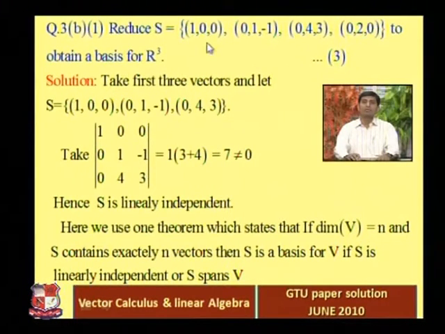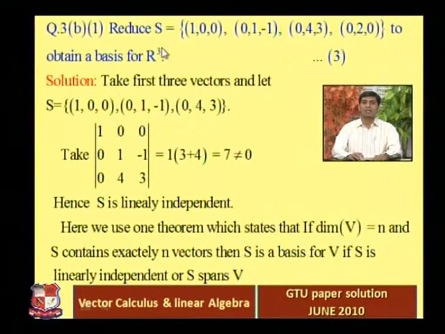Reduce S, which is equal to 1 0 0, 0 1 minus 1, 0 4 3 and 0 2 0, to obtain a basis for R3, right? Reduce this set of vectors to obtain a basis for R3.